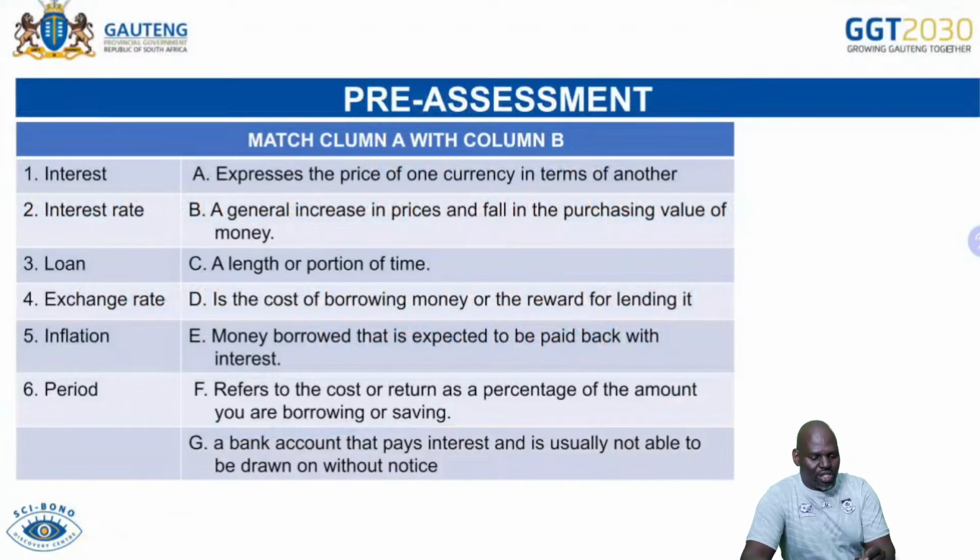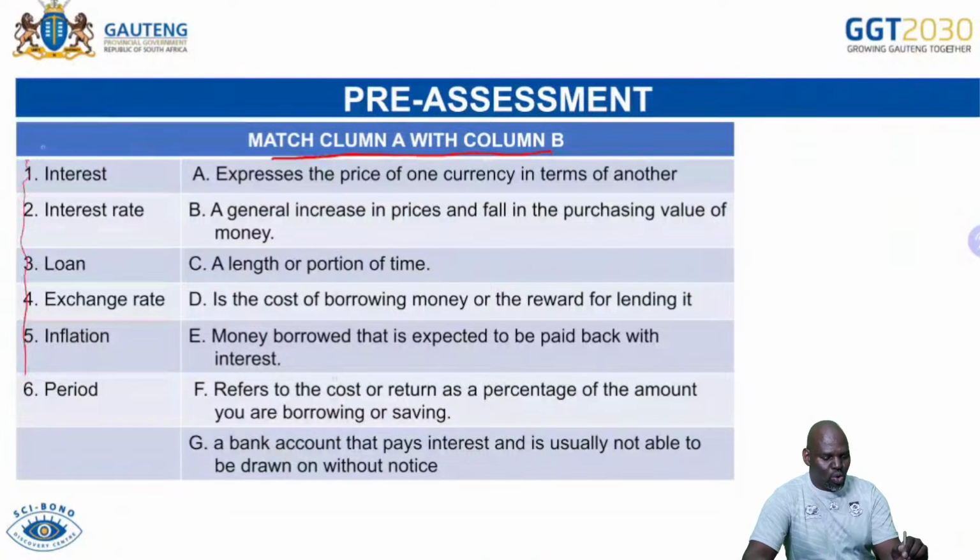Now, let us look at the following. Here we have to match column A and B. We look at the terminologies given on the left-hand side and match them with their explanations in the column on the right-hand side. The first one is interest.